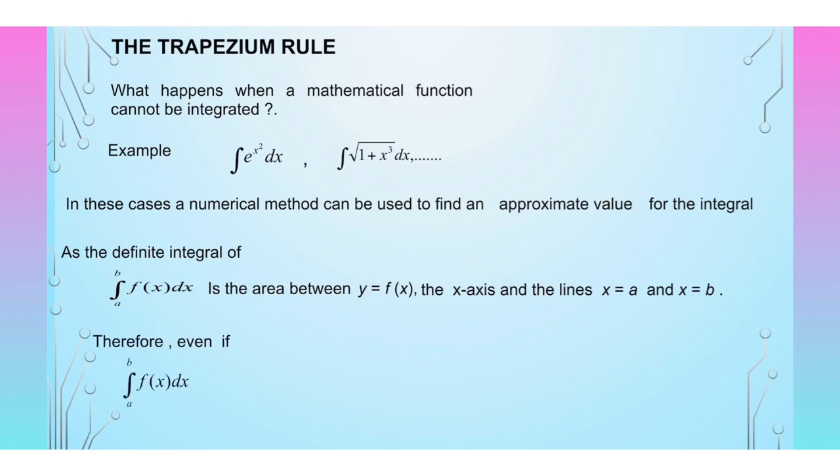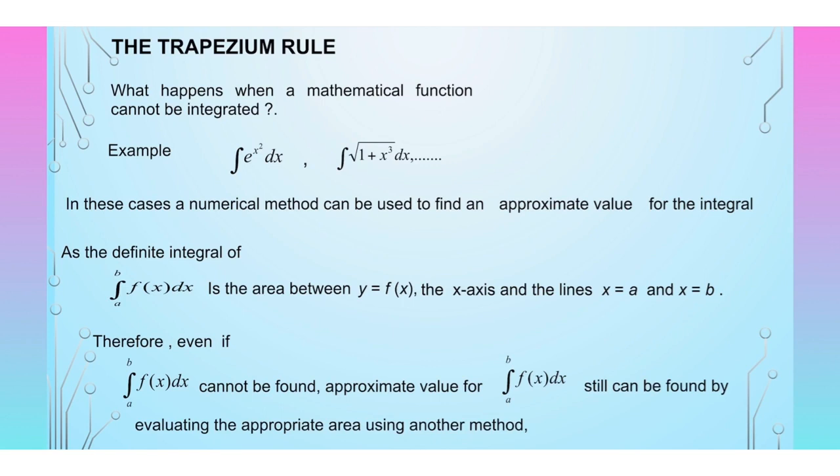Therefore, even if the integral of any function from any value to any value cannot be found, an approximate value for it still can be found by evaluating the appropriate area using another method. That is the trapezium rule.